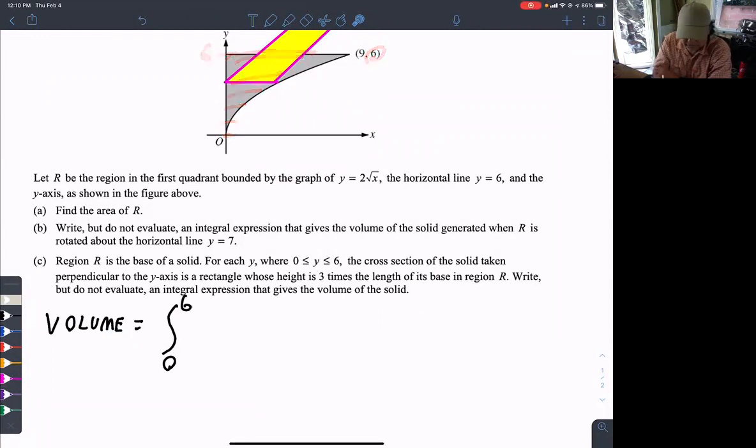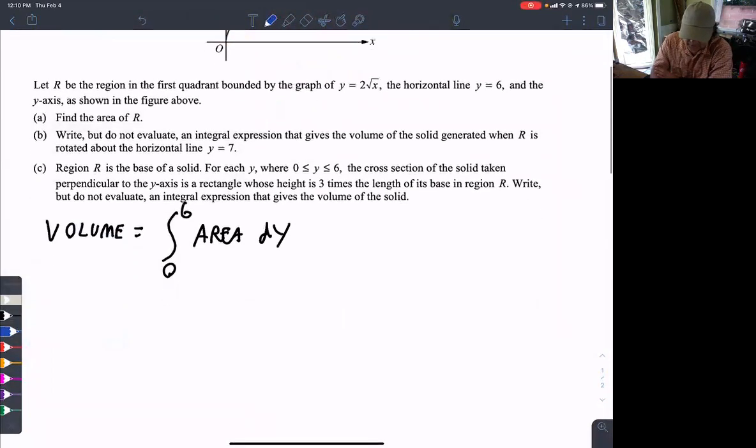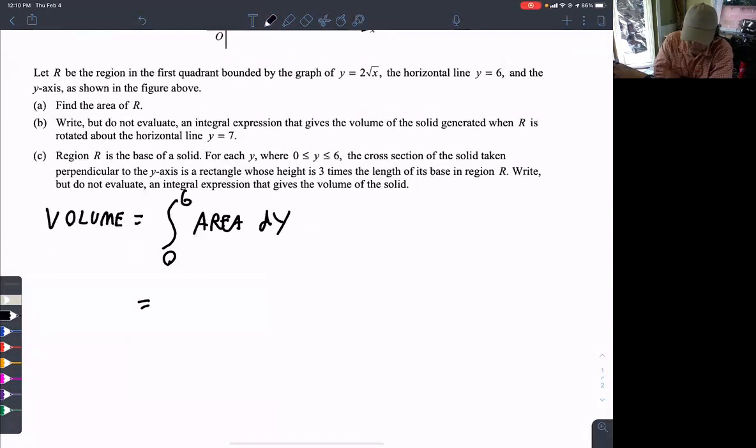So 0 to 6, and it's the area of the shape times the thickness, which is the change in y. Because the thickness of this, as you move up and down, y changes. But what shape do we have? A rectangle. What's the area of a rectangle? It's base times height. What's my base and what's my height?